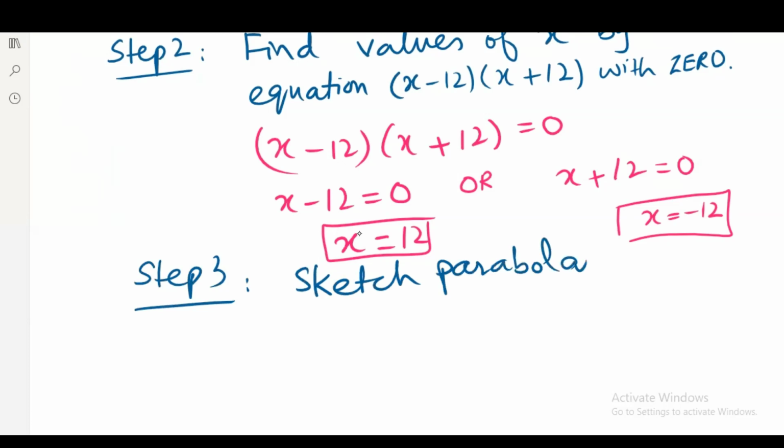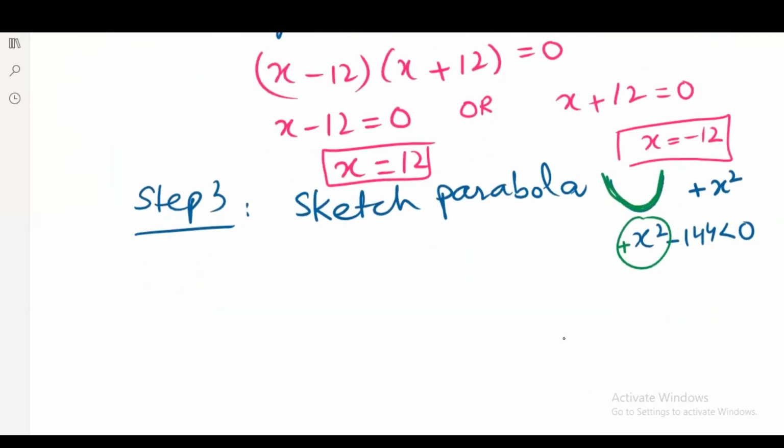You should know this type of parabola will be for positive x squared. The original inequality was x squared minus 144 less than 0. And be careful, the coefficient of x squared is positive here. So this type of parabola will be sketched.